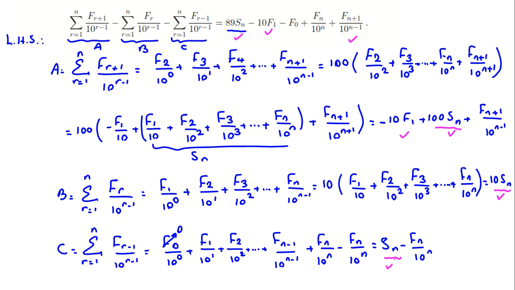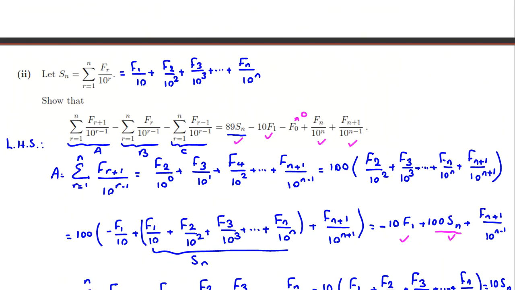Because we have minus c, in minus c we have negative fn over 10 to the n. And here, because we have minus c, minus minus will be plus. And here it has been written minus f0. f0 is 0, so we can ignore that. Okay, so we proved part 2.